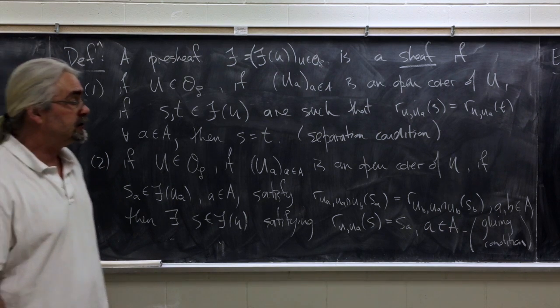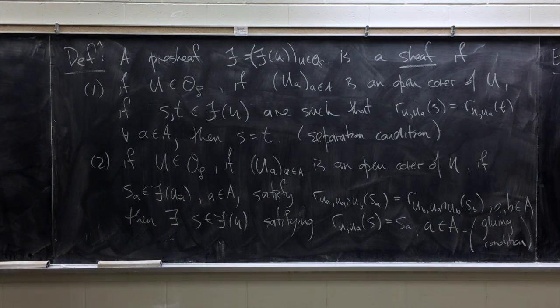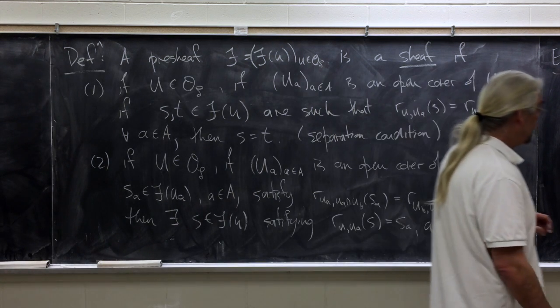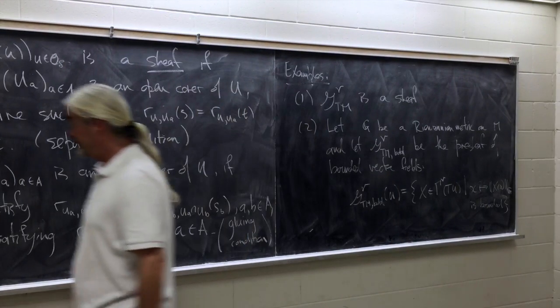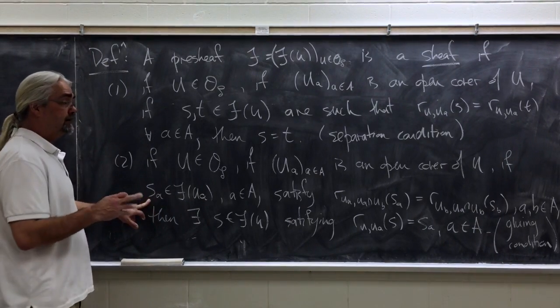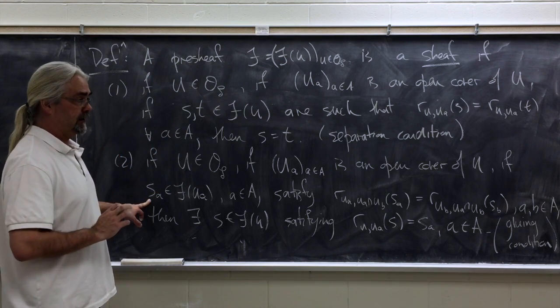Take M to be non-compact, and cover M with a countable number, let's say, of relatively compact open sets. On each of those relatively compact open sets, you're going to define a vector field that's bounded. In fact, just do the following thing. Take a vector field on all of M that's not bounded.